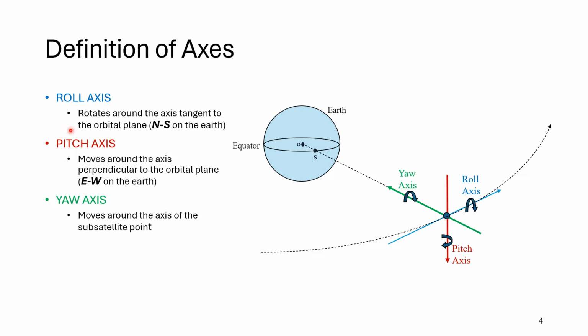Also we have the pitch axis, which moves around the axis that's perpendicular to the orbit, and this is controlling the east-west maneuver. And also we have the yaw axis, which moves around the axis pointing to the subsatellite point. Those terminologies are known to satellite specialists.